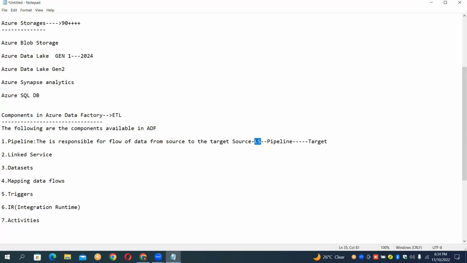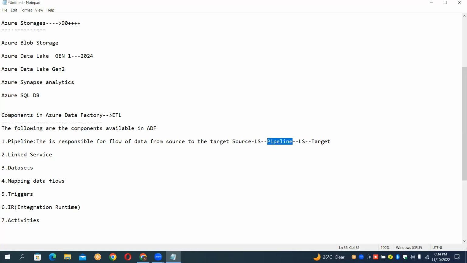From the source to the pipeline we require one linked service, and from the pipeline to the target, another linked service. So every time we require two linked services: one to relate the source with the pipeline, another to relate the target with the pipeline. Am I right, guys? Without the linked service, we cannot design a pipeline.